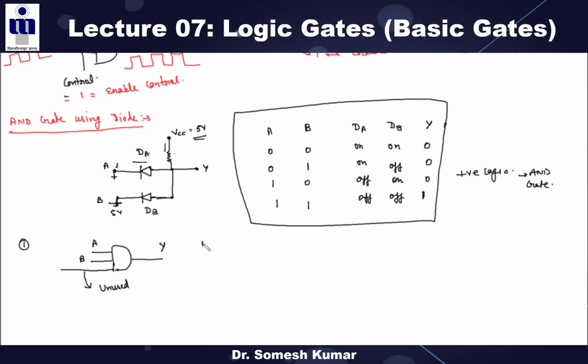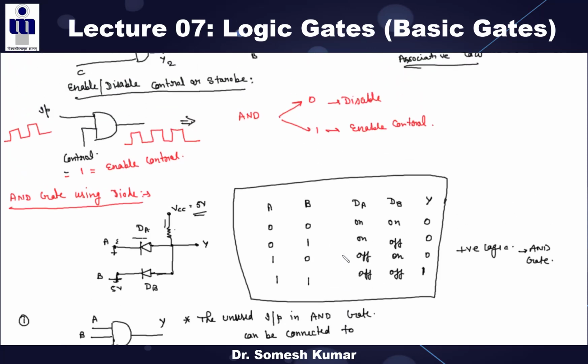Now tell me, is the unused input in an AND gate connected to logic 1 or logic 0? If it is connected to 0, it means the output always remains 0, right? Clear? And I already told you, when any input is 1, it will not affect the other inputs, right? Output remains the same. Clear?